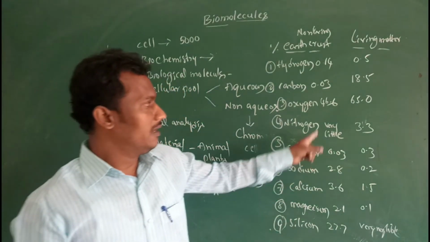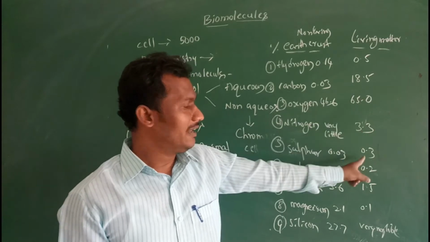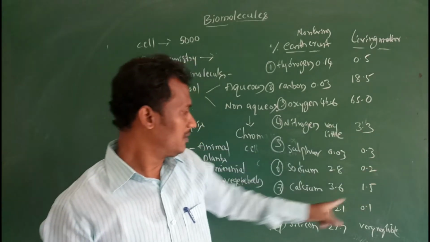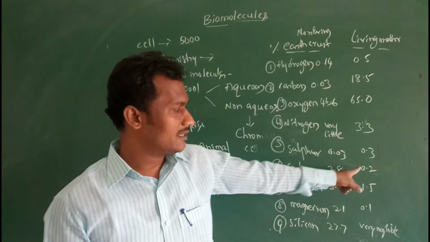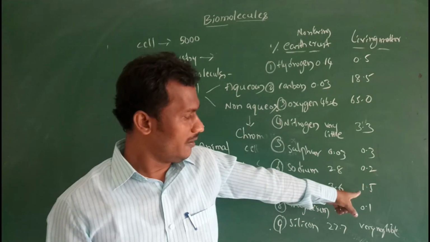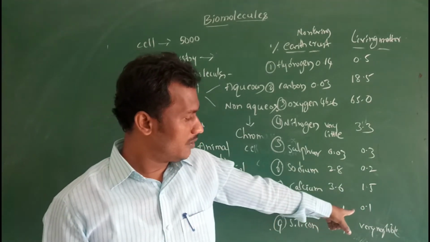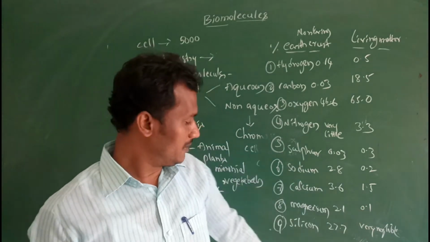So sulfur in non-living matter is approximately 0.03%, in living matter 0.3%; sodium 2.8% then 0.2%; calcium 3.6%, in living matter 1.5%; magnesium 2.1% then 0.1%.